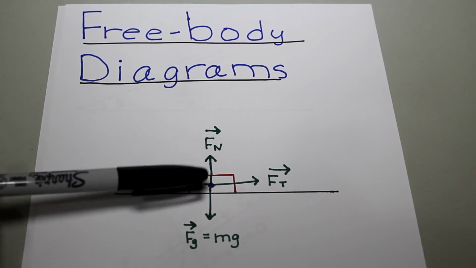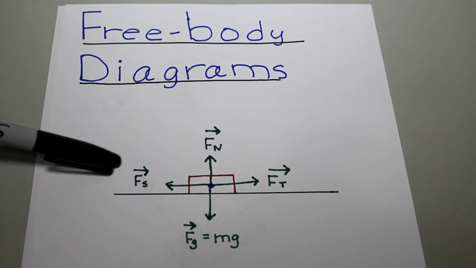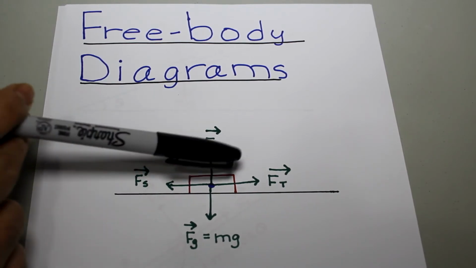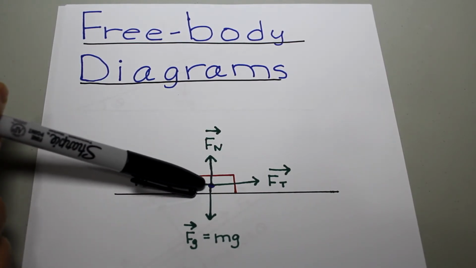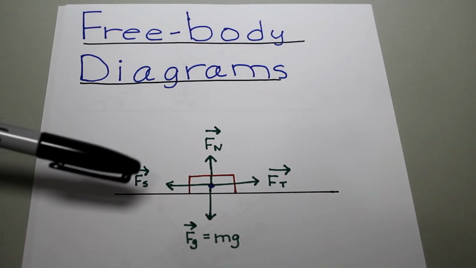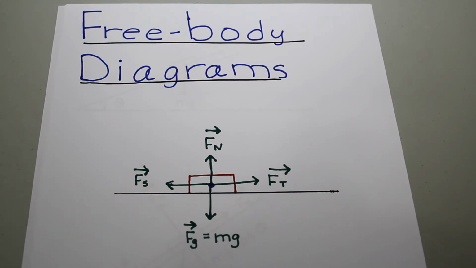And since we're going to say the box is not moving, the tension force has to be equal to the static frictional force. Since the box is not moving, it's static friction. If the box was moving, it would be kinetic friction instead. And always remember that it takes a lot more force to get something moving than to keep it going.